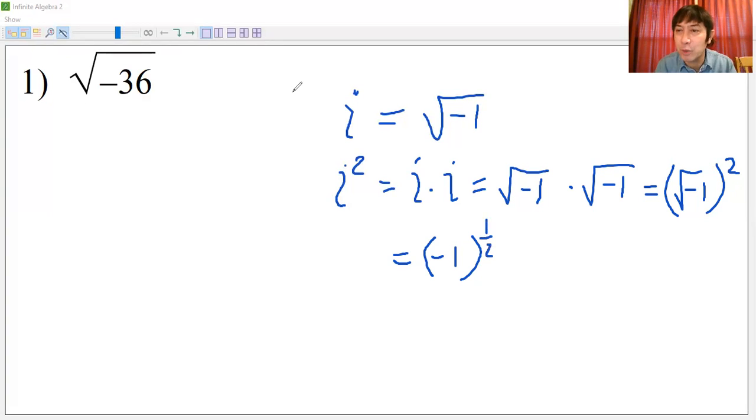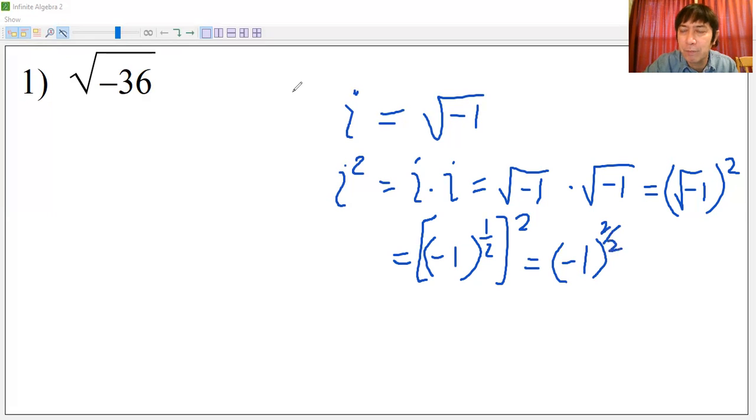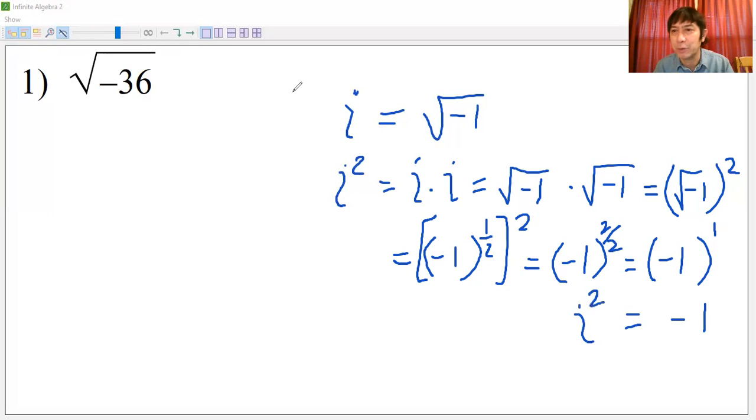Now, when you square this, the 2 and the 1/2 will be multiplied. These are the exponents. So this is equivalent to -1 raised to 2 over 2, which is equal to -1 raised to 1, and so that is equal to -1. Therefore, i squared is equal to -1.